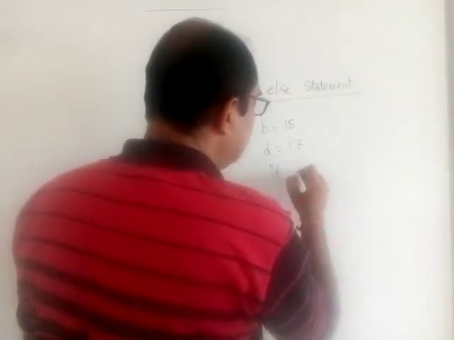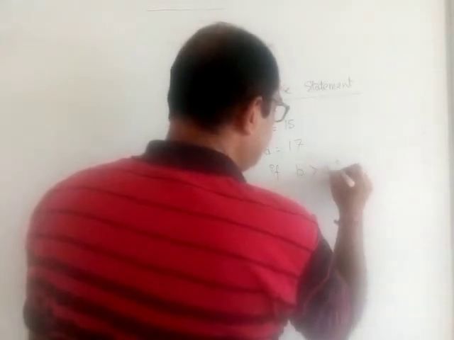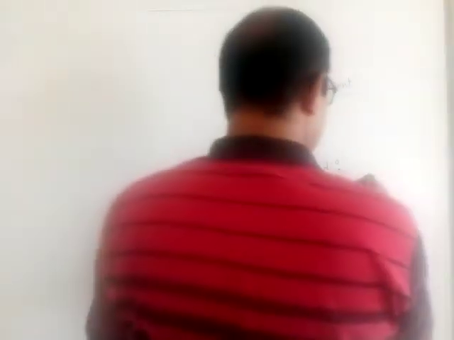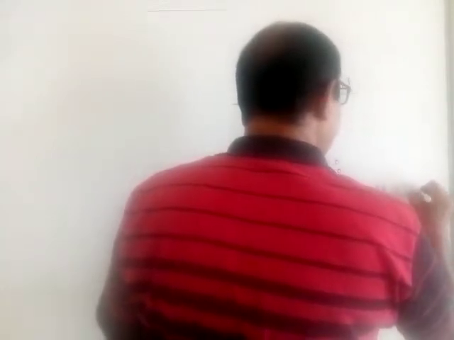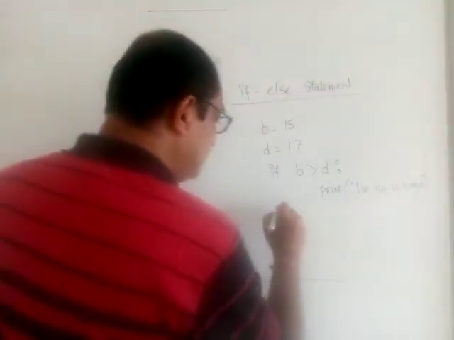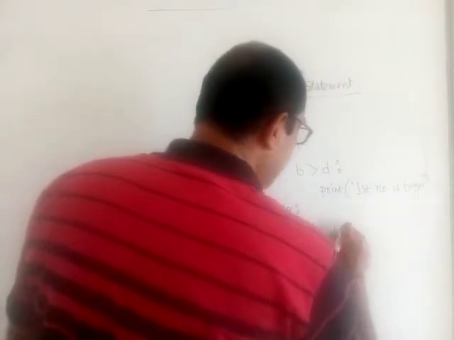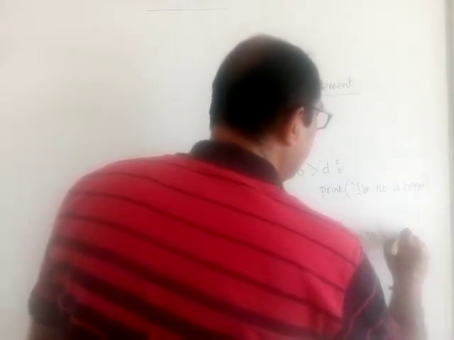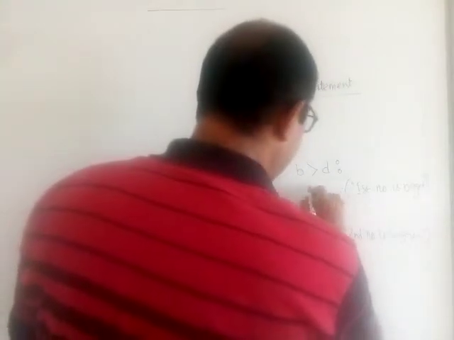If b is greater than d, print first number is bigger. Otherwise, I am writing another statement here: print second number is bigger. This is how I have written two statements.